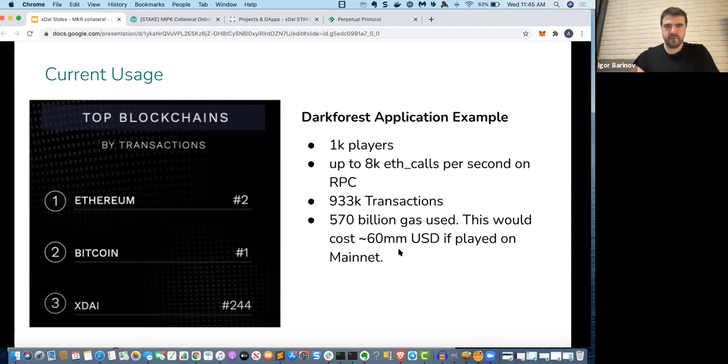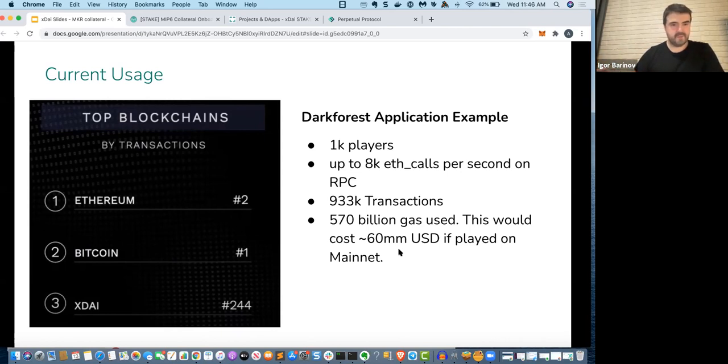The statistic is a bit outdated. We crossed this 1 million transaction limit, and there are 1.5 thousand players in this playtest, and it also creates massive load on reading from the blockchain.